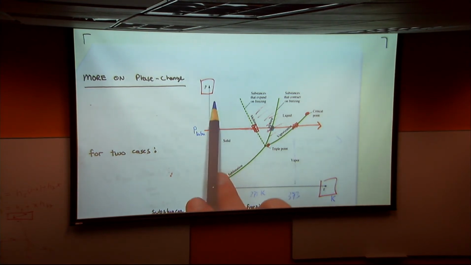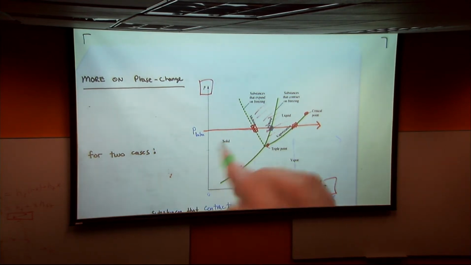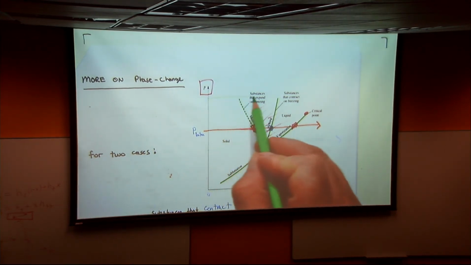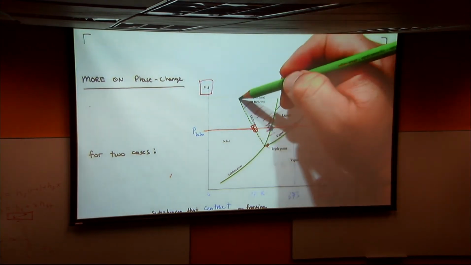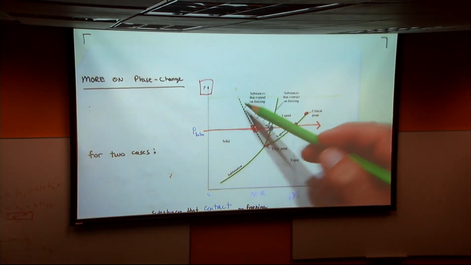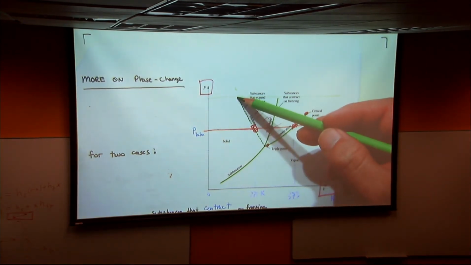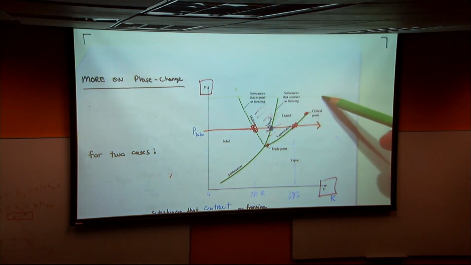And I could go up here really high. I could draw another line way up top, something like this. And then at really high pressure, I would transform to liquid at a much lower temperature, and in principle I would go from liquid to vapor at a much higher temperature.